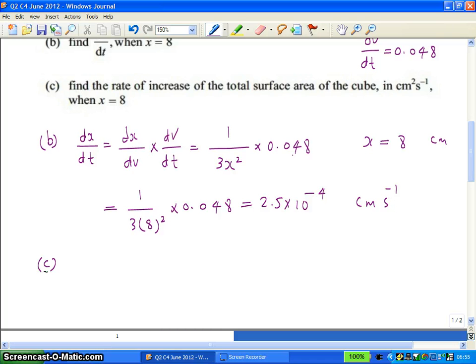Well, let's find out the total surface area of a cube. We know that the cube has got 6 faces, each surface area being x squared. So the total surface area of a cube is 6x squared.